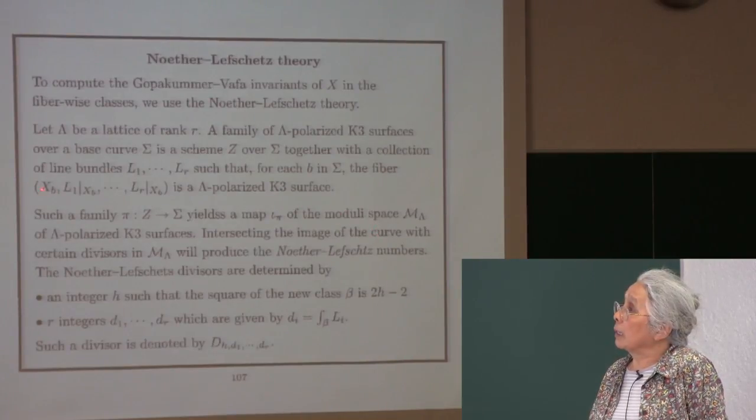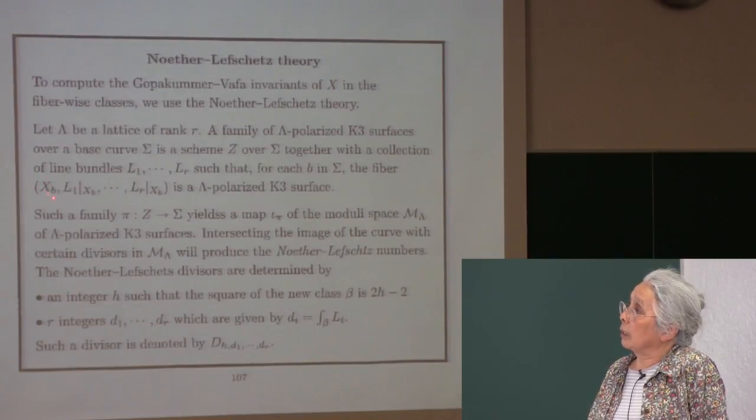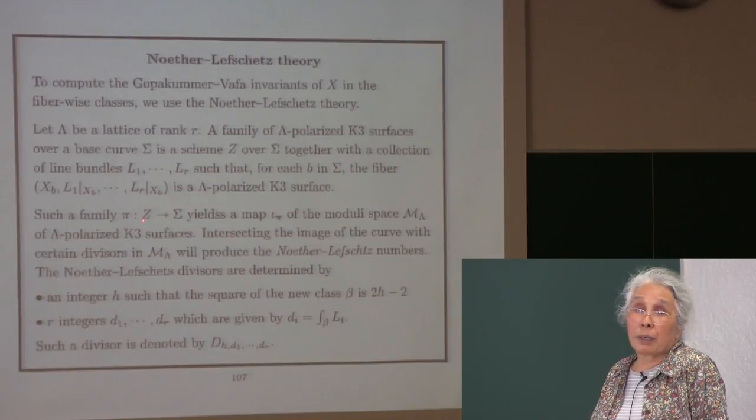So X is a Calabi-Yau, but if you take a fiber at B, it becomes a K3, and these are the generators for the Picard group, the Néron-Severi group.